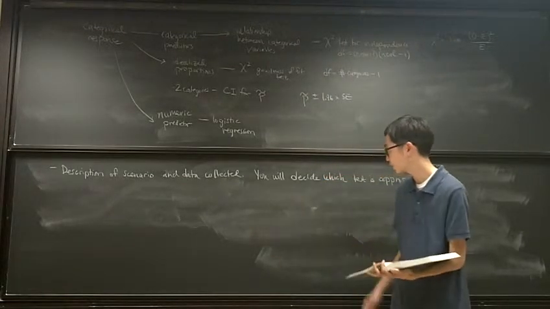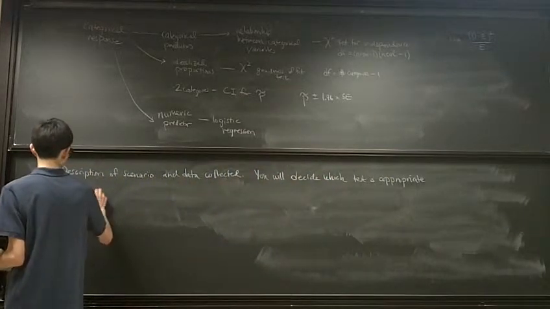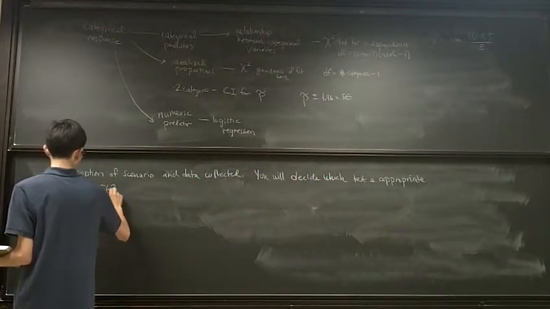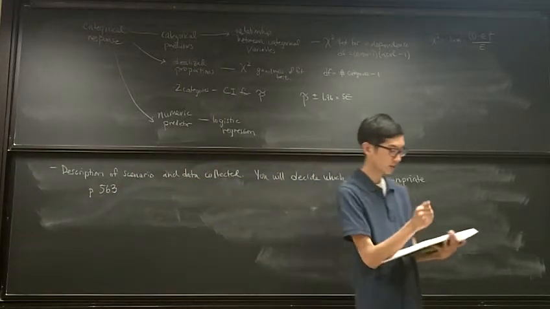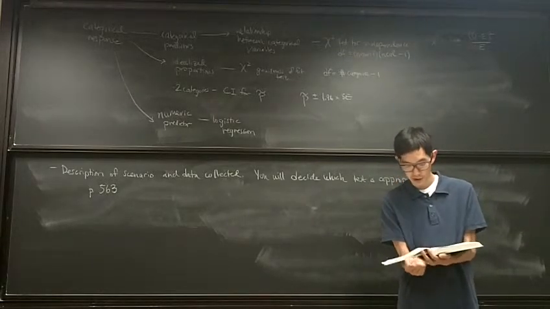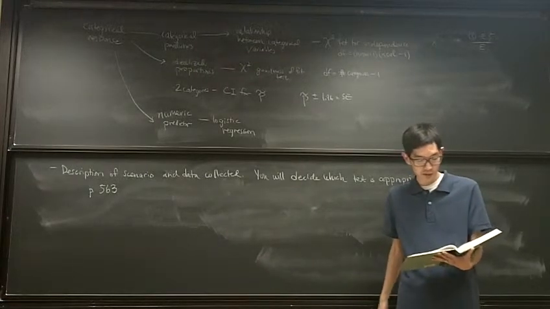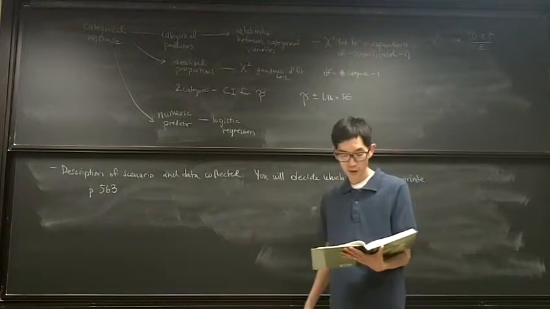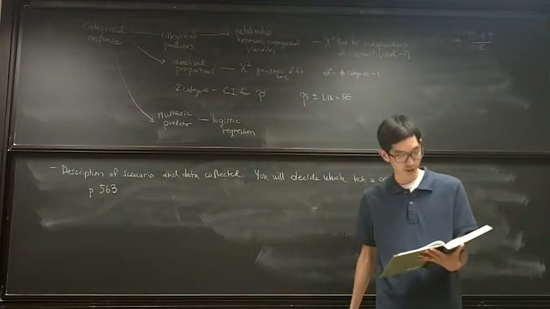I'm looking at page 563 in your book. It says, researchers conducted a randomized, double-blind clinical trial in which some patients with schizophrenia were given the drug clozapine and others were given haloperidol.